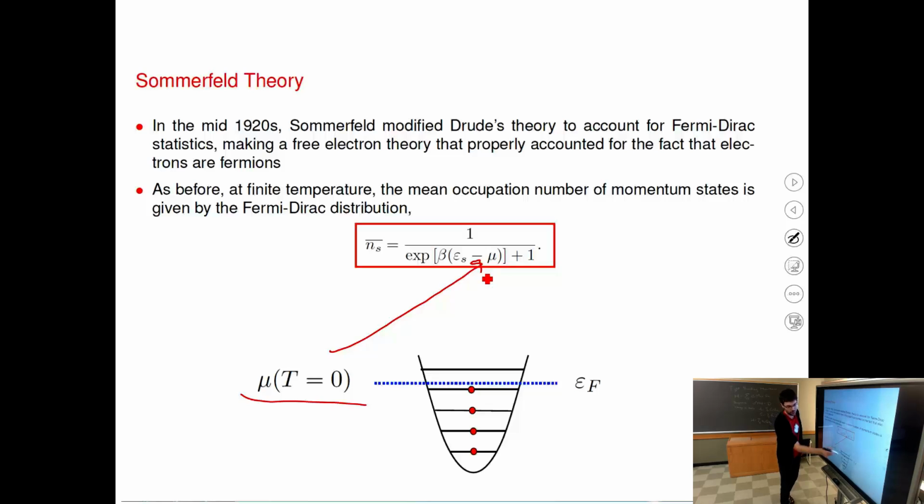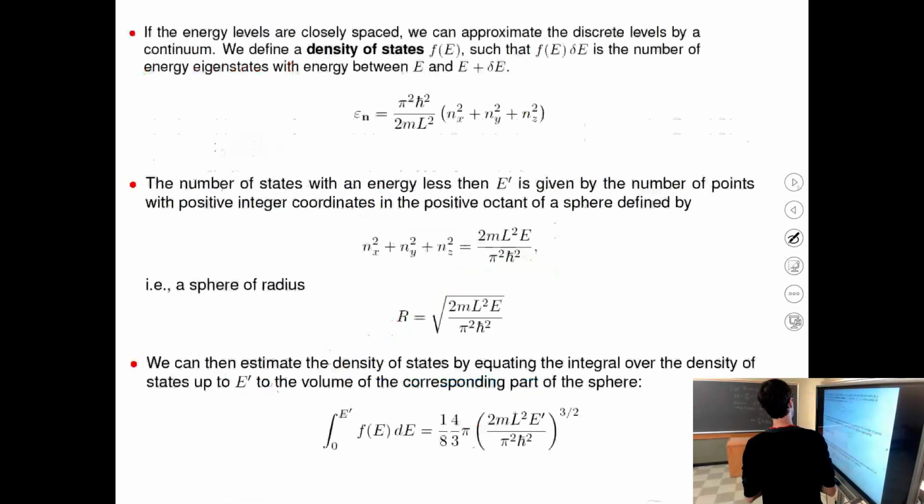And we are going to also call that the Fermi energy. So chemical potential at 0 temperature is the Fermi energy. And so the meaning of it is clear, right? Below the Fermi energy, everything is occupied at 0 temperature. Above the Fermi energy, states are completely empty. So this is quite different from an ideal gas from a classical point of view. And this is where the difference comes from.